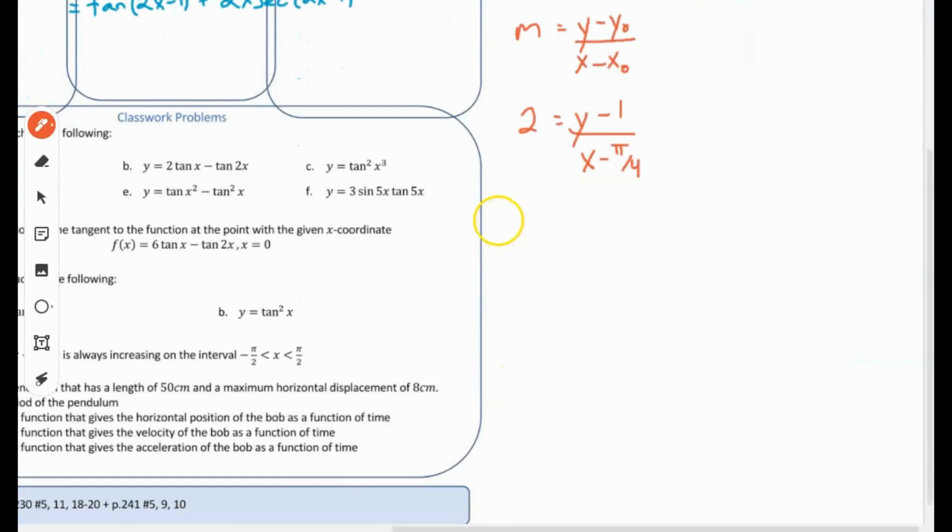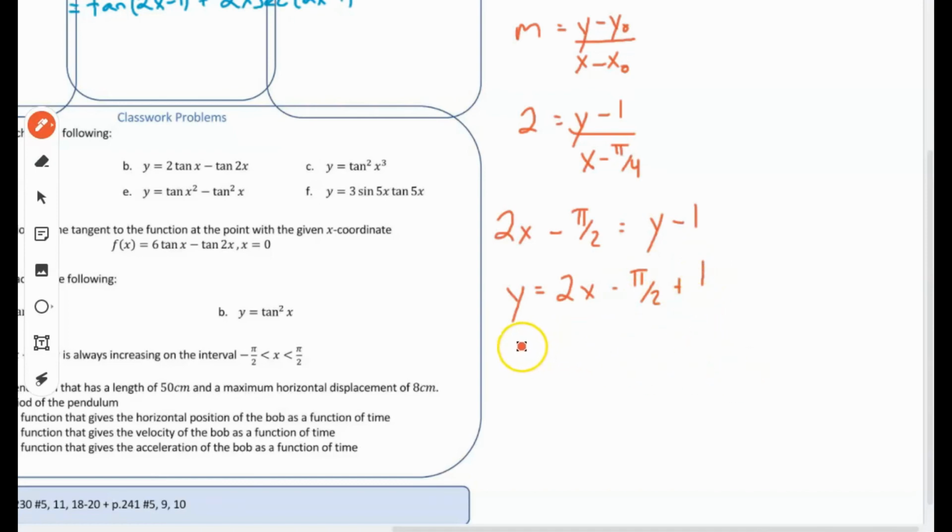So multiplying both sides by x minus pi over 4 gives us 2x minus 2 times pi over 4, which is pi over 2, equals y minus 1. So y is then 2x minus pi over 2 plus 1.